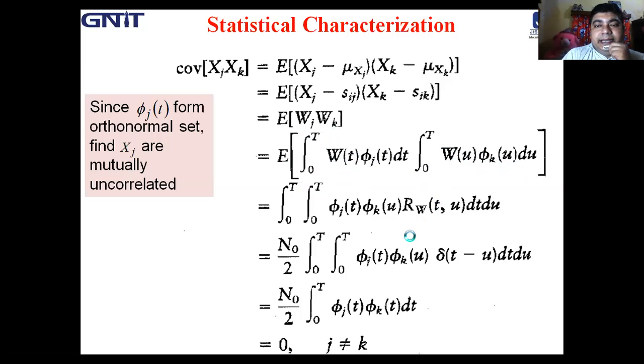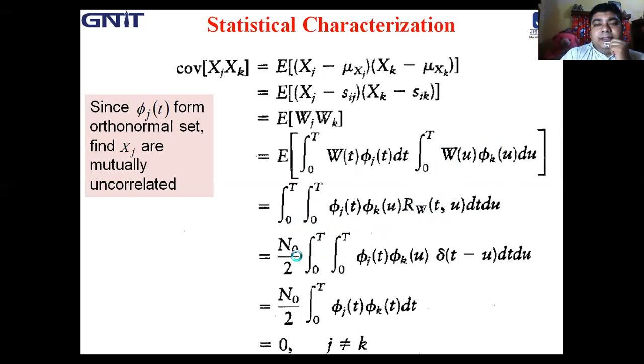Just rearranging it, the double integration from 0 to T of phi j(t) phi k(u) times the autocorrelation function. Already I defined it, that is the expectation of W(t) W(u), the autocorrelation function R_W(t,u).